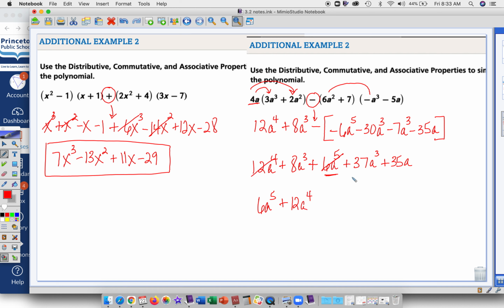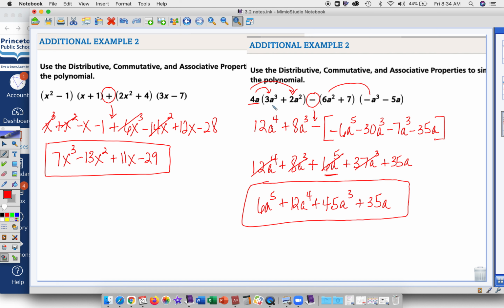Then I can combine these coefficients because they both have a cubed. They're like terms. So that becomes 45a cubed. And lastly, I have the 35a, which does not have a like term. And there's my final answer.